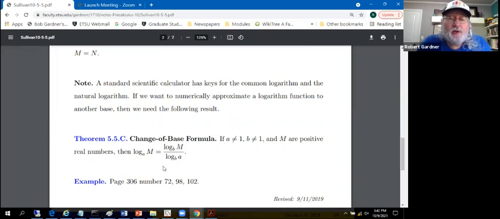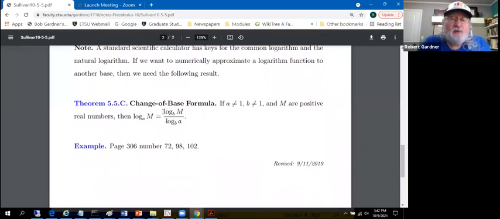And in the following result, it's called the change of base formula. It says if a is not 1 and b is not 1, and a, b, and m are positive, so m will be the input of a log function. a and b will be bases of various log functions. So that's why the condition positive and not equal to 1.